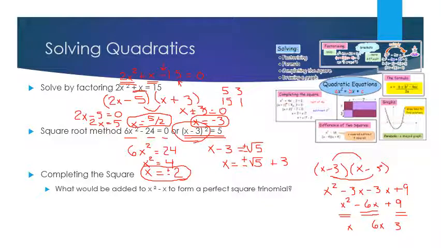So let's take a look at this x squared minus x and figure out what we would have to add to the end of it to make a perfect square trinomial. Well, we know that it's going to factor out to be x, so x is the square root of that. And we know that this middle term has to be twice as much as the last term's square root.